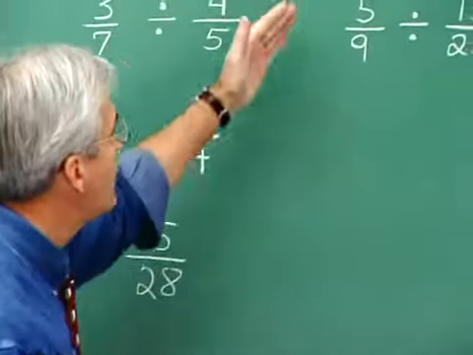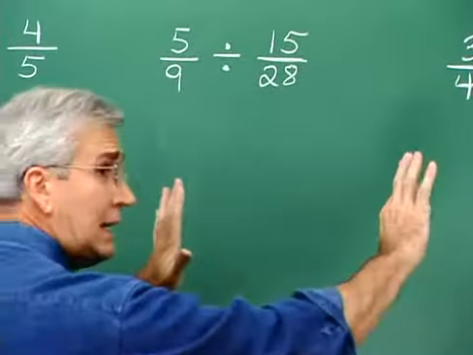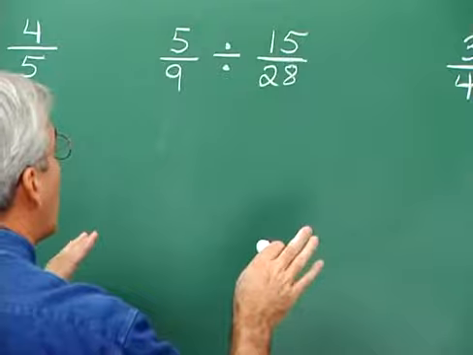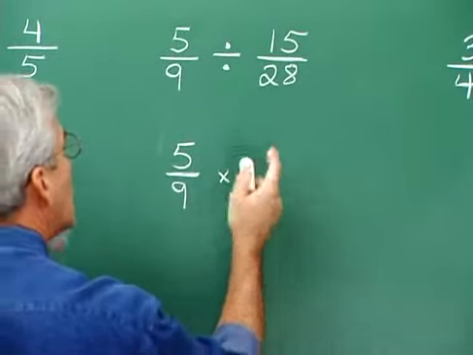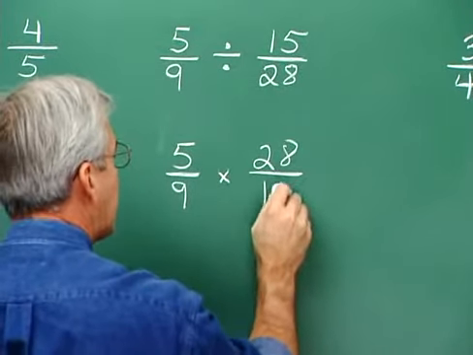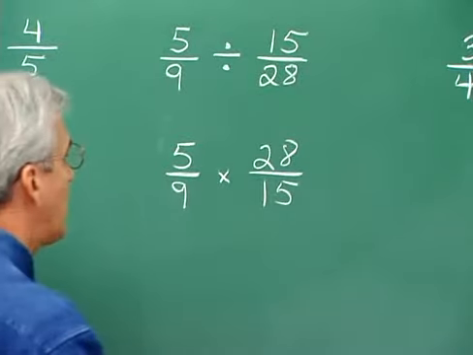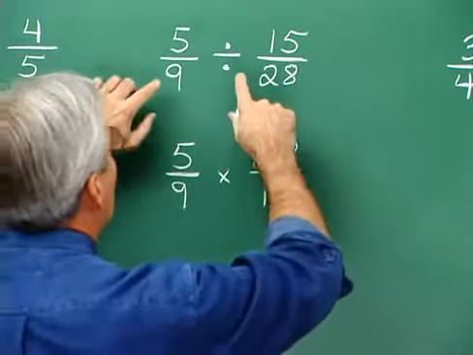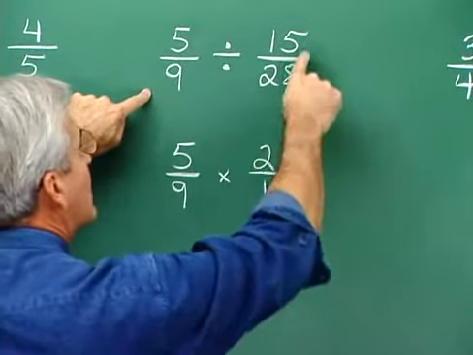In this one, 5/9 divided by 15/28. Again, we don't divide directly. We change it into a multiplication problem. It's 5/9 times the reciprocal, 28/15. Now let me point out to you one of the commonly made mistakes in this process. It is to look for a cancellation opportunity in this division step.